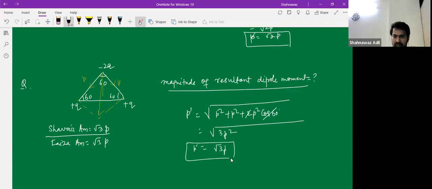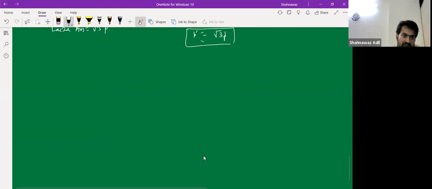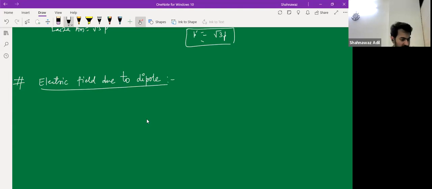Okay, so now we understand the electric dipole. You have already learned about the electric field due to a dipole. You have calculated the electric field due to a dipole at two points.